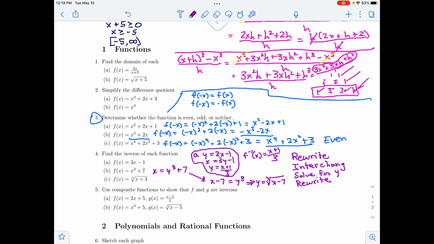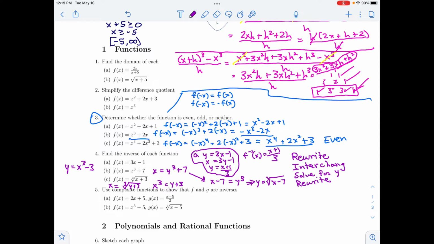So if you look at this one here, this is going to be x equals the cube root of y plus 3. I'm going to cube both sides, so I get x cubed equals y plus 3, and then I subtract the 3. So we end up getting y equals x cubed minus 3. Yeah, that's it.